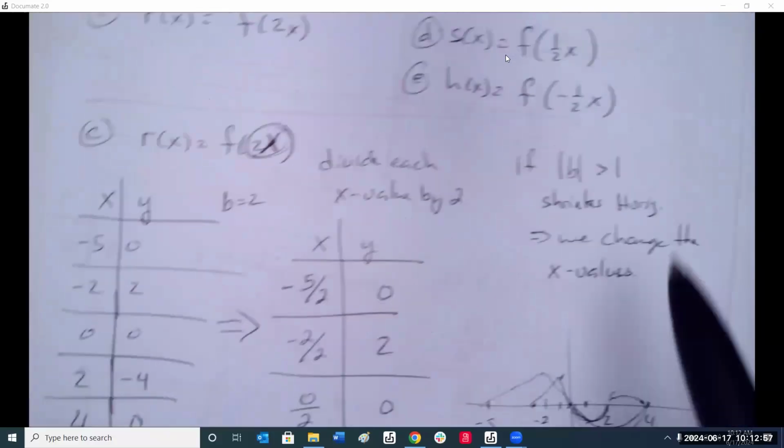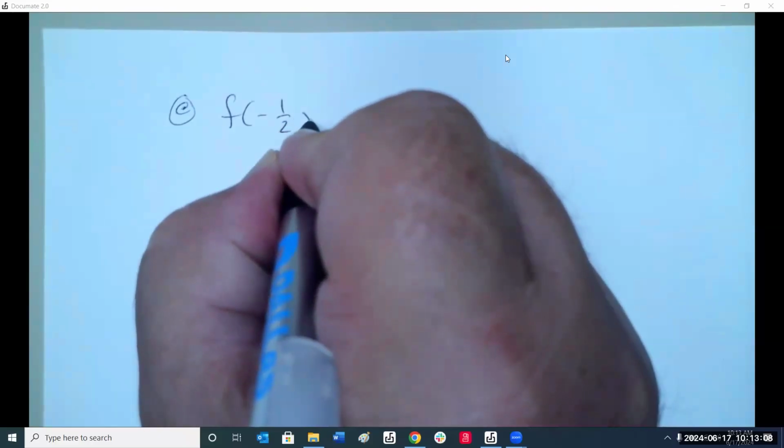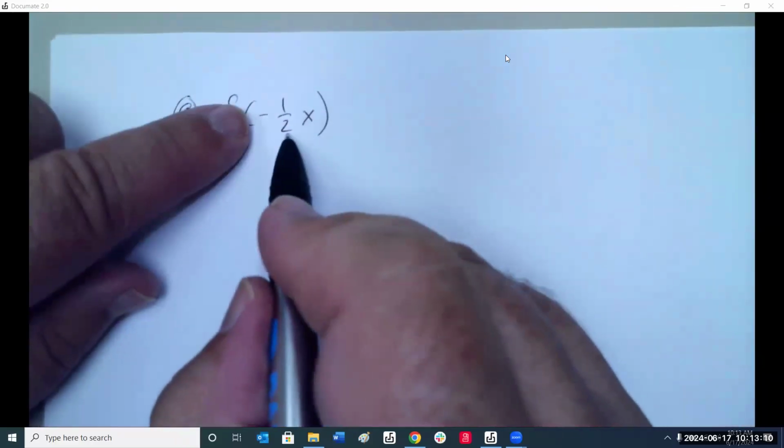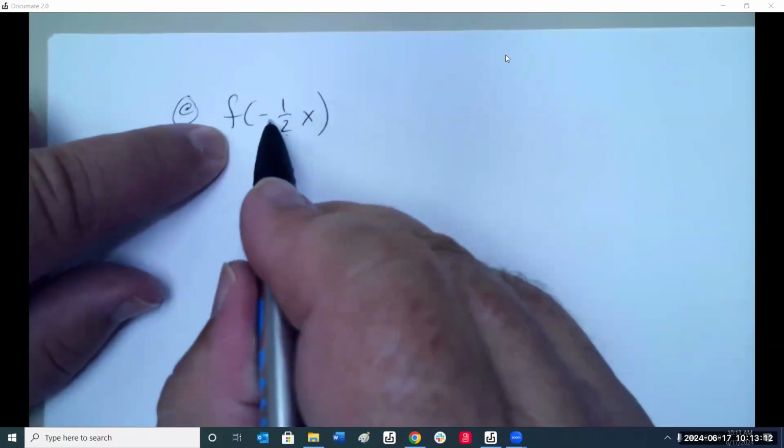And lastly, if I had a -1/2 x inside there, what would happen? Well, you divide by 1/2, but what does the negative do?